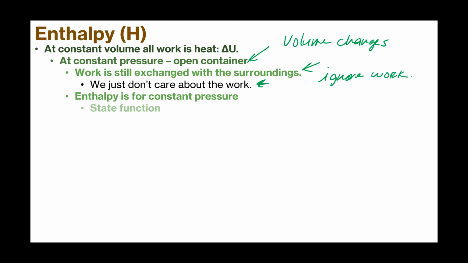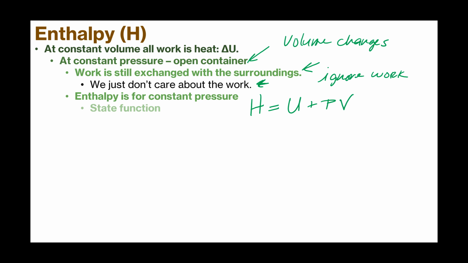So some scientist somewhere has made up this concept of enthalpy. It's a man-made construct that deals with heat changes at constant pressure. They've defined this as H, and enthalpy is equal to internal energy plus the pressure times the volume.